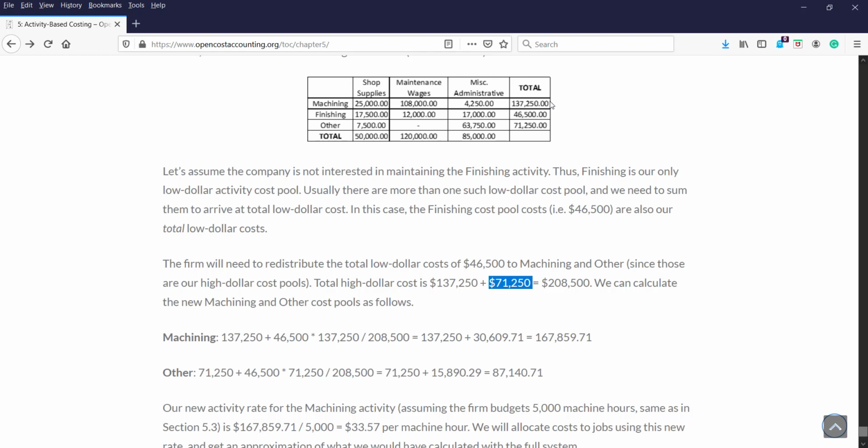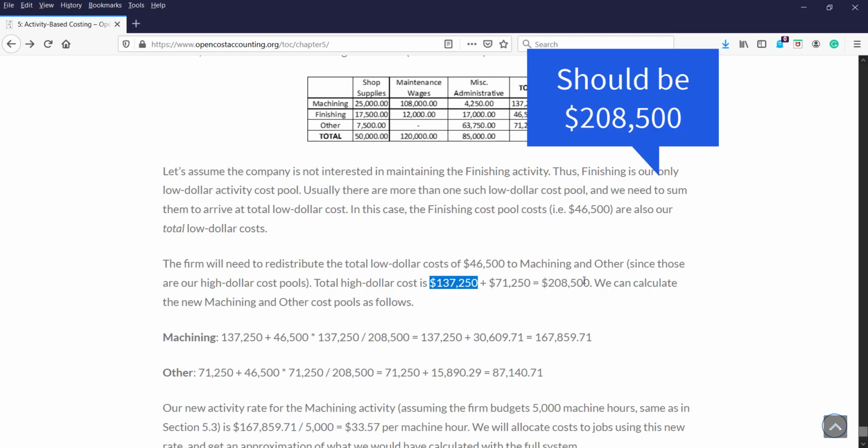Let's just take those numbers from right here, and here, and we get 208,500 as our total high dollar cost pools. And so now we're going to divide each of these by this total to see how much each of these high dollar cost pools accounts for of the overall high dollar cost pool amount. So we can divide this by this, and then multiply that by our 46,500 that we're trying to split out from finishing.